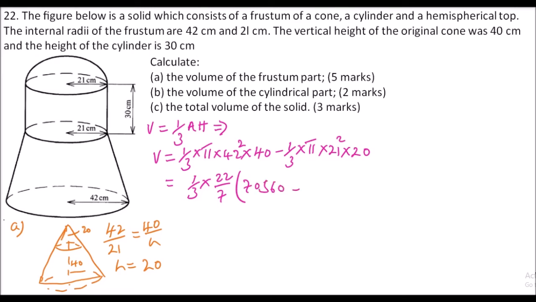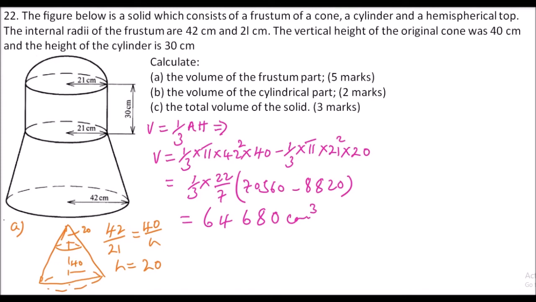You minus the other one, which will be 8,820, and when you compute this using a calculator, you get 64,680, and this is centimeter cube. That is the volume of the frustum.